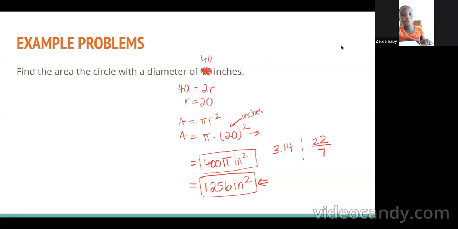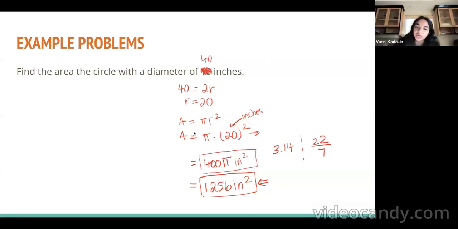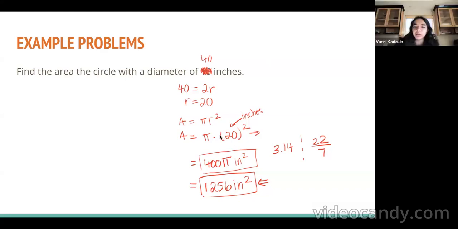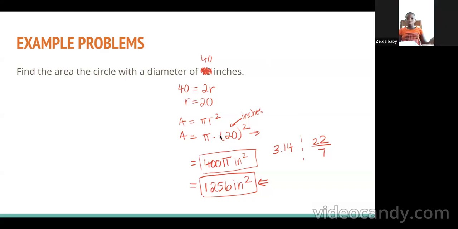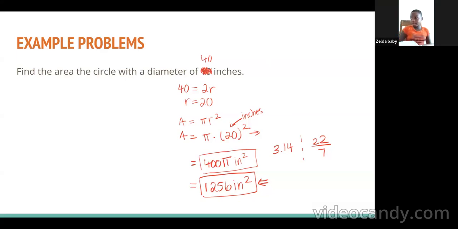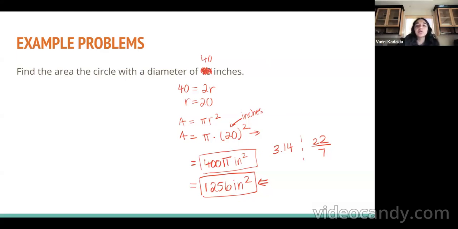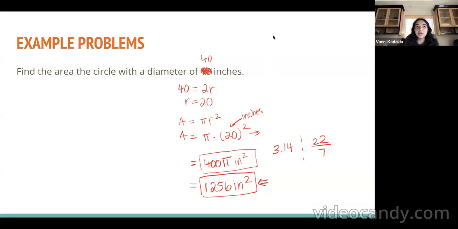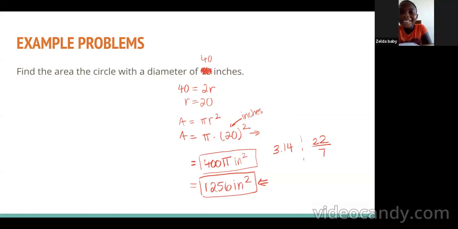Is that also acceptable? You used 10 for pi? Oh, okay. So pi is not 10. If you were to divide 22 by 7, we'd get 3.1428 and so on. Pi always starts with 3.14 something.